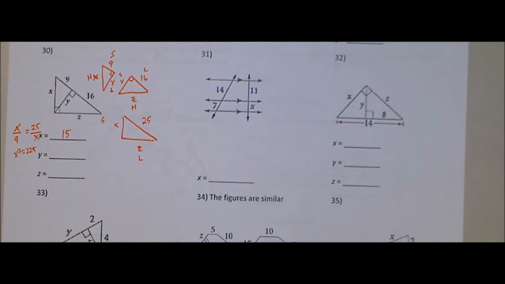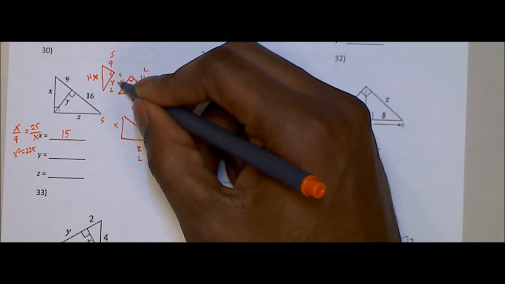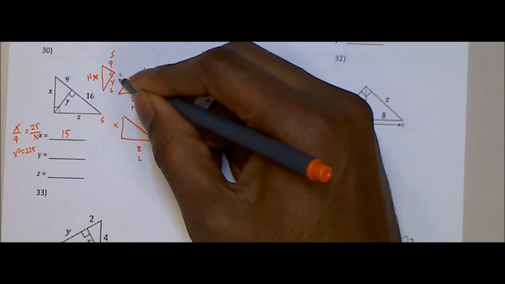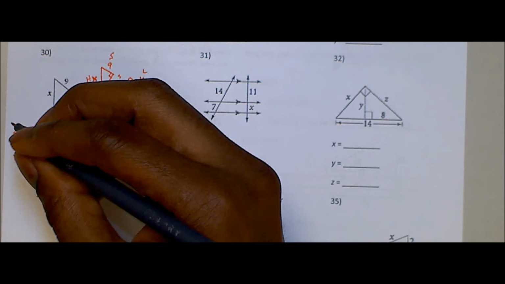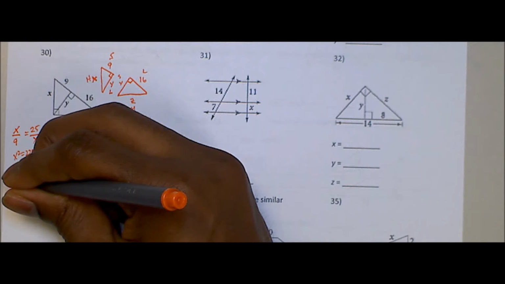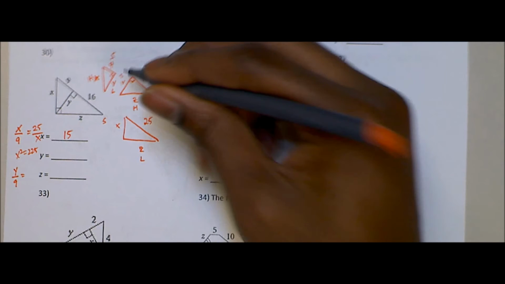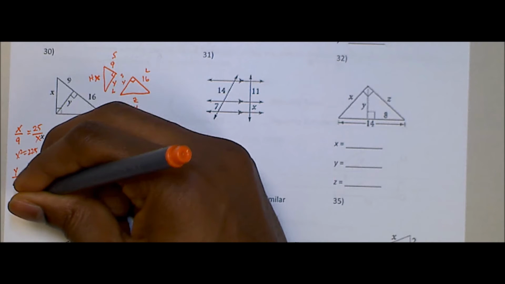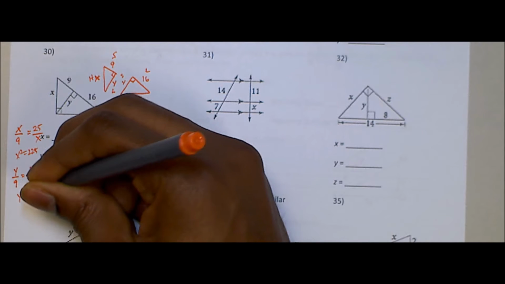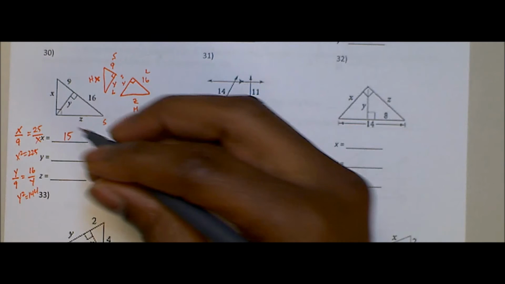With y, it is the long side and the short side. Long side in this triangle, short side in this triangle, so long over short. y over 9, long over short, 16 over y. Cross multiply, y squared is 144. And so that means y must be 12.